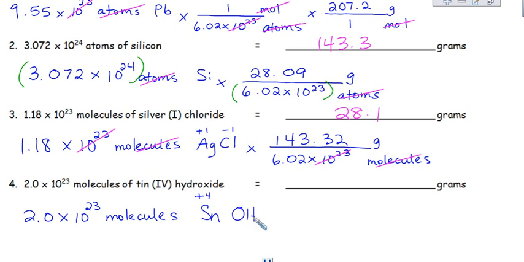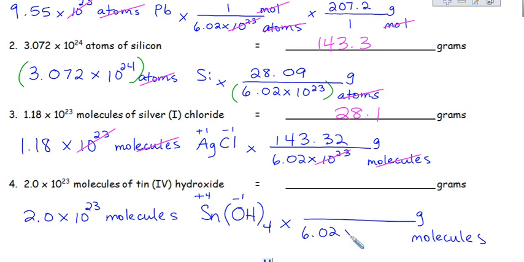hydroxide, OH, minus 1. So to make that neutral, I'm going to need 4 hydroxides. Then if I know my original unit was molecules, I'm going to cancel molecules. We want it in grams. There are 6.02 times 10 to the 23rd molecules in a mole, and a mole would have the mass on the periodic table.